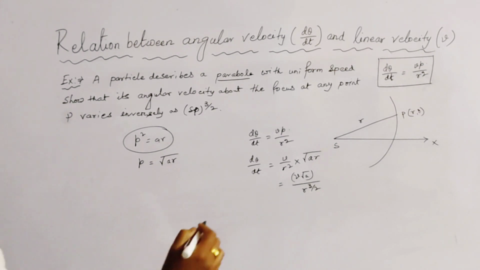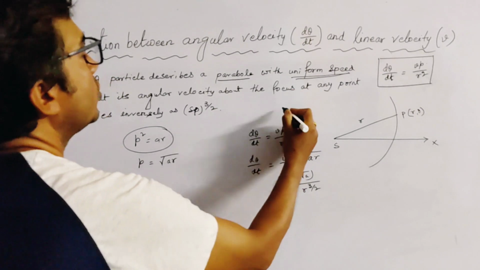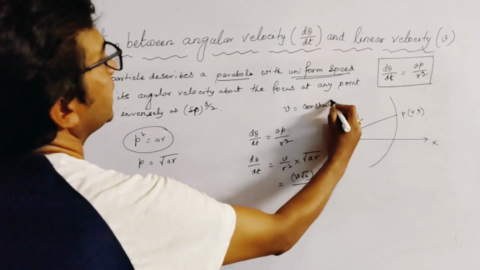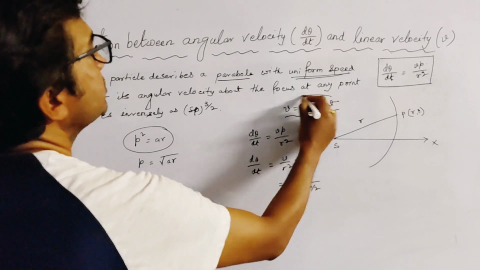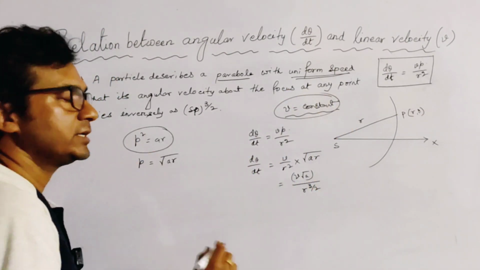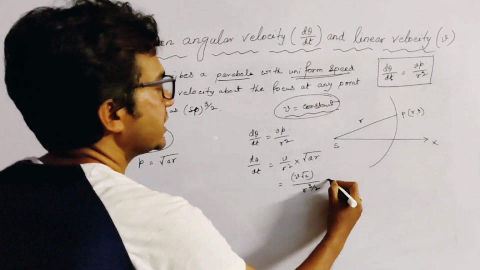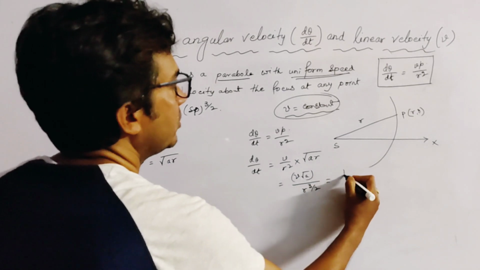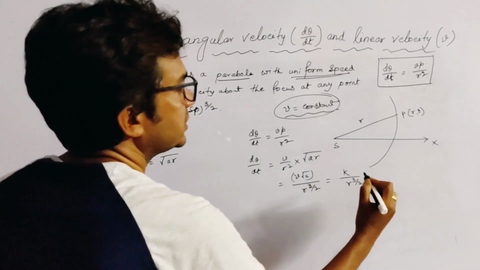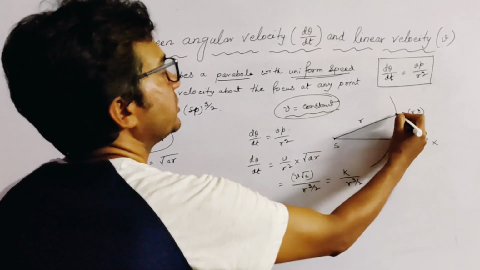Now it is given that the speed is uniform, so v is constant. Uniform speed means velocity is constant, and also a is constant. So v into root a is a constant. We take this value as k by r to the power 3/2, and r means SP.